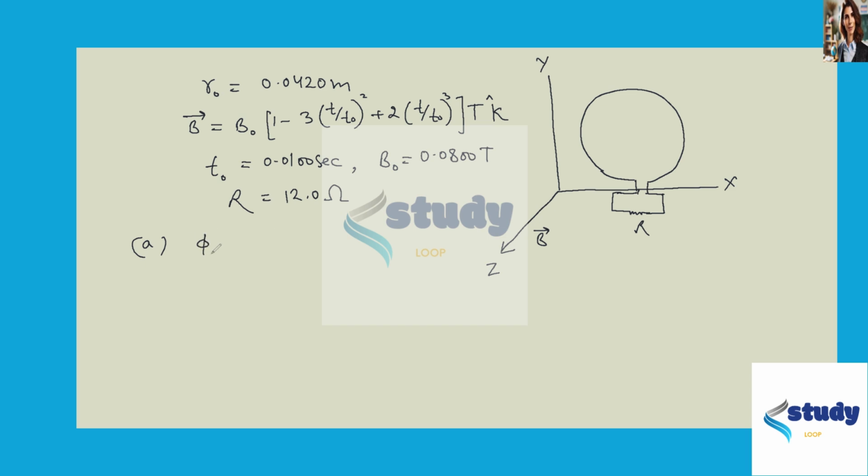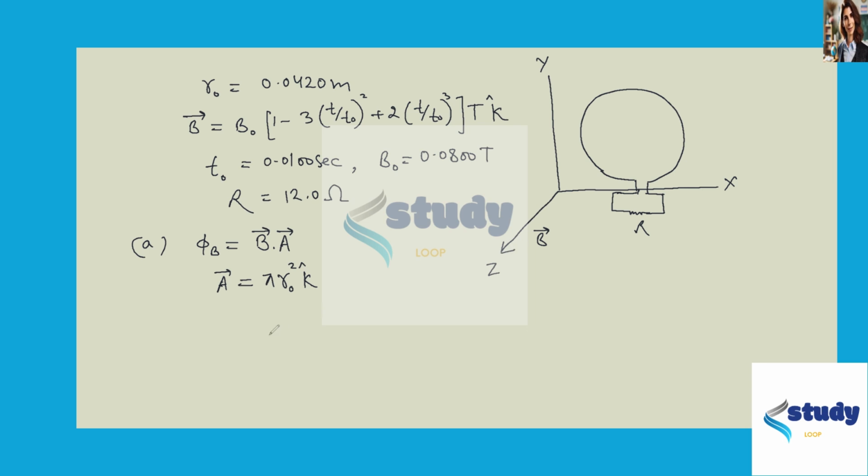Now, in the first part of the problem, we have to find an expression for the magnetic flux linked with the coil. And we know this is given as the dot product of magnetic field with the area vector. As the coil is lying in the XY plane, this area vector will be given by pi R naught square k cap, which means the area vector is also in the direction of positive z-axis.